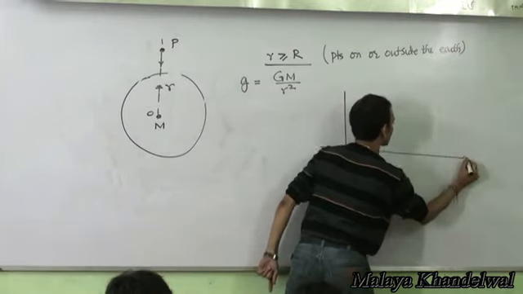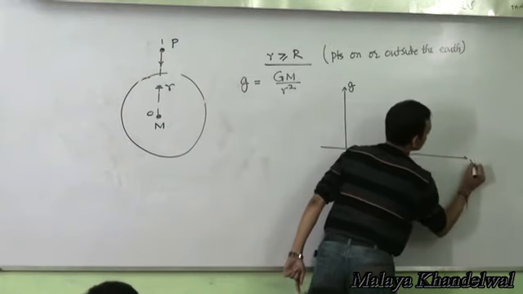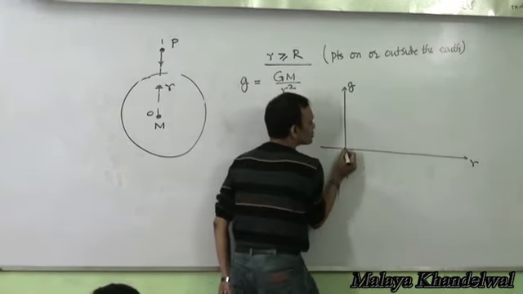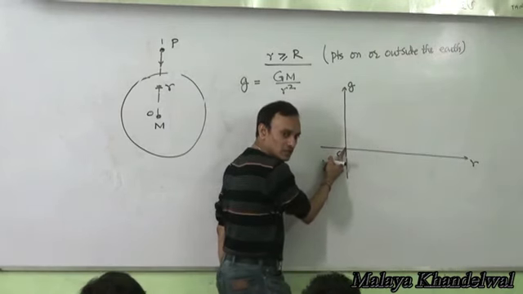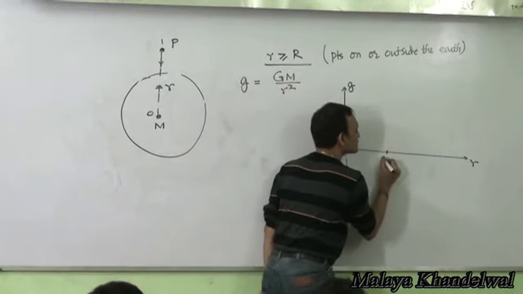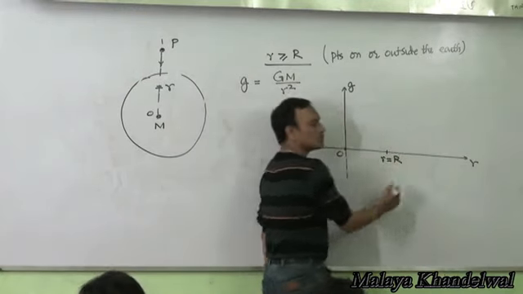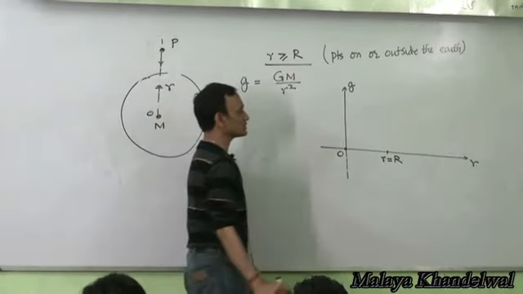Now, variation of g with distance. Let's say this point is small r equal to 0, so this point represents the center of the earth. This is small r equal to capital R, which is a point on the surface of the earth.